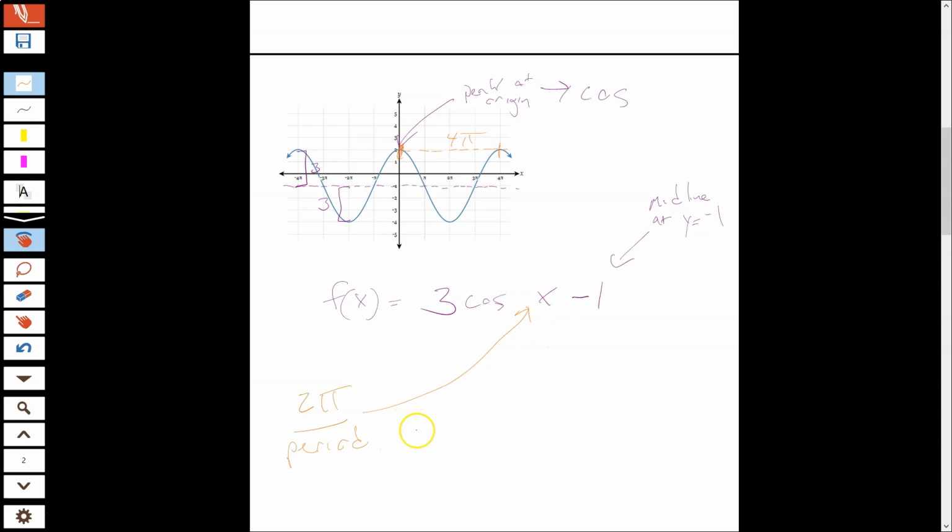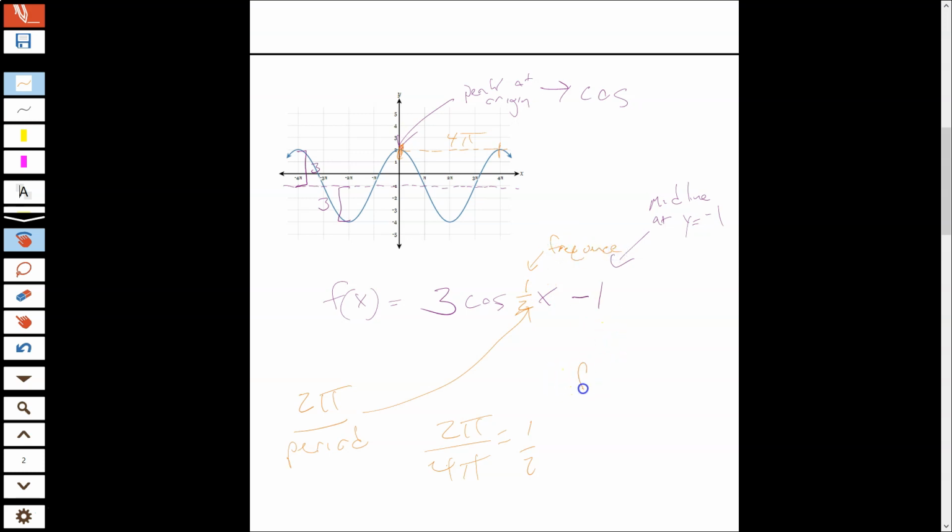So in our particular case, we have 2 pi divided by 4 pi. Okay? That gives us obviously 2 over 4, 1 over 2 is 1/2. So that's what goes here, and that's my period. Or this is often called the frequency, actually, is the better name for it.